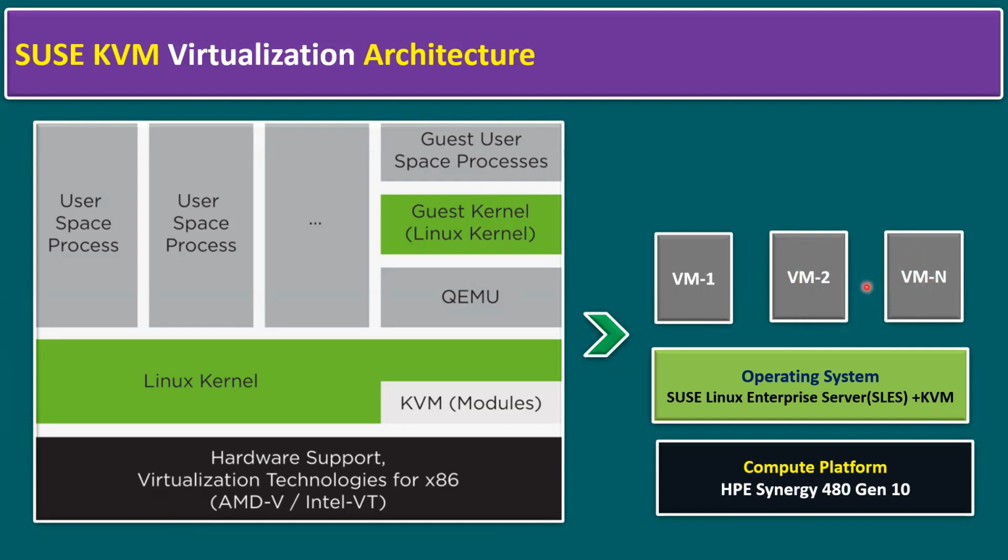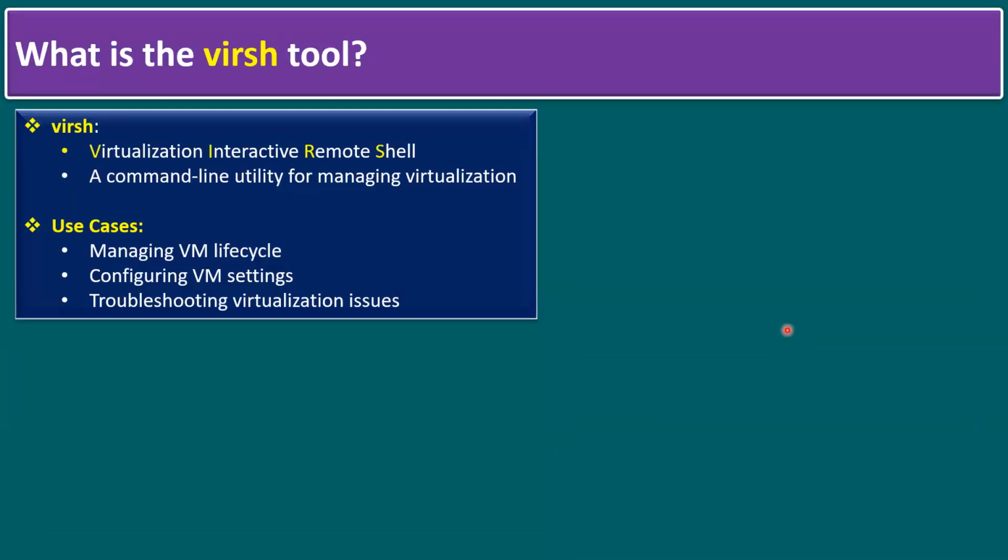And how are we going to modify, or scale up and scale down, memory? Here we are using one important tool called the virsh tool. So what does virsh mean? Virsh stands for virtualization interactive remote shell, a command line utility for managing virtualization.